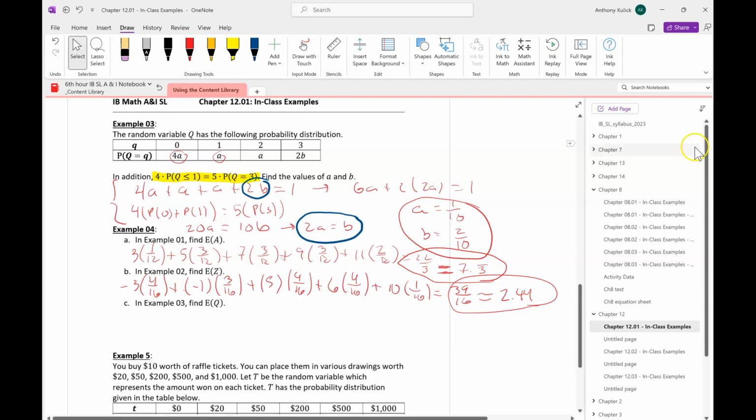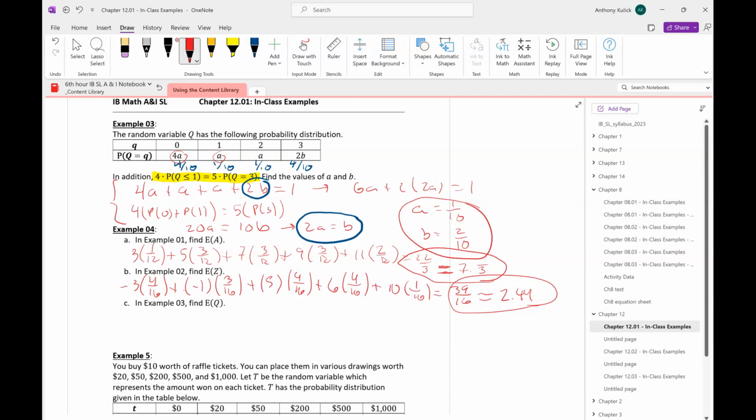Zach, you're up next here for 4C. It wants the expectation of Q from example 3. So if A was 1/10 and B is 2/10, we go ahead and plug those values back in.